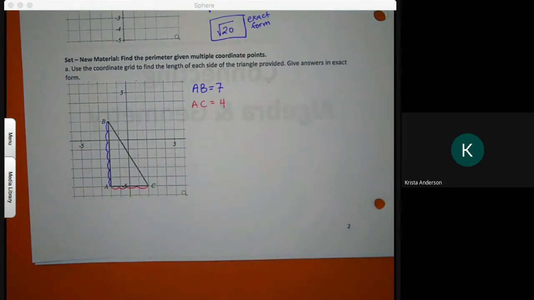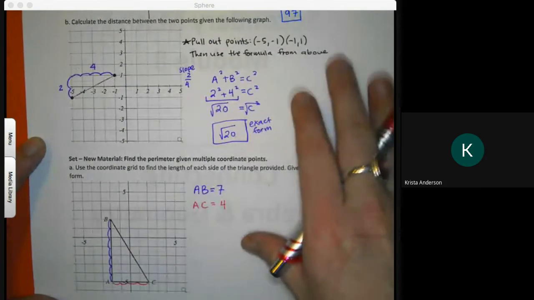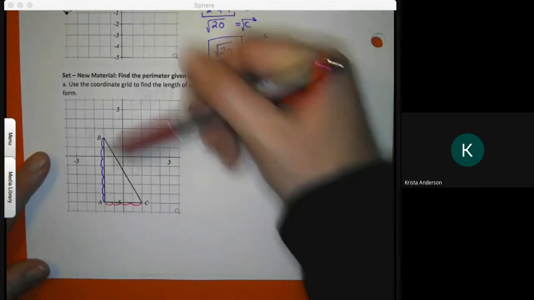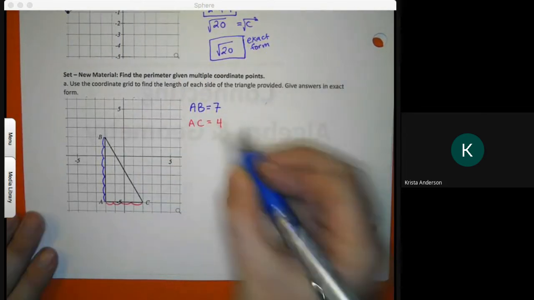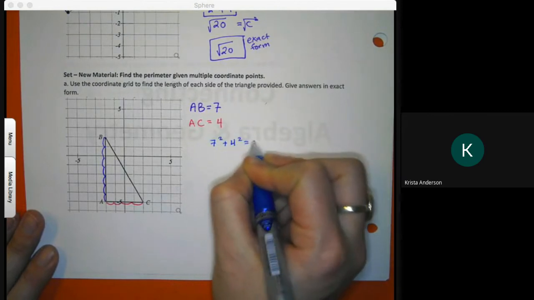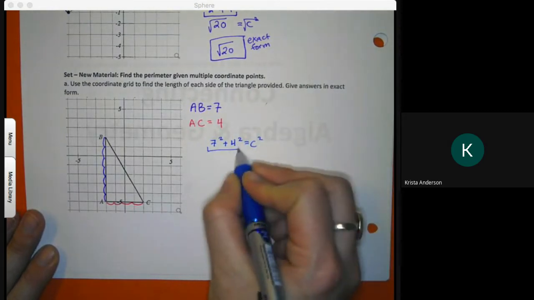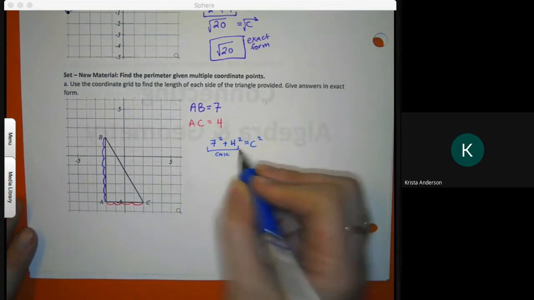And I'm going to follow the same pattern from up here and try and find what the distance is for my diagonal, because the diagonal I can't just count. 7 squared plus 4 squared equals C squared. 49 plus 16.